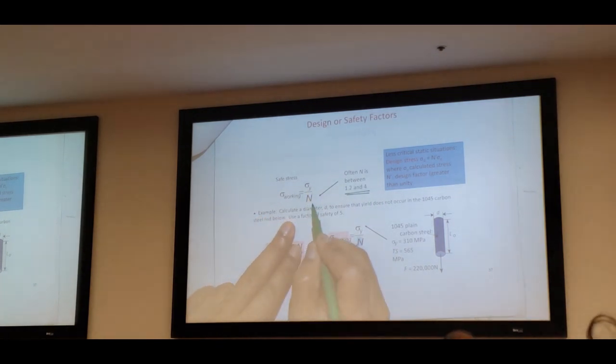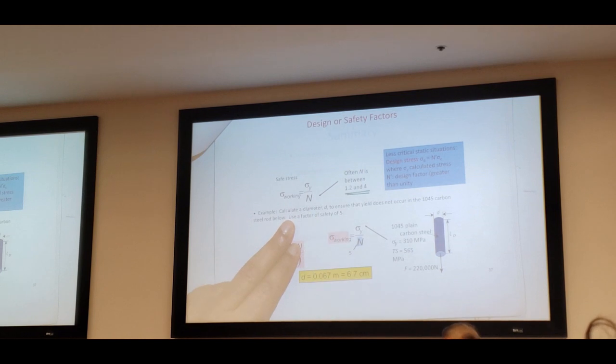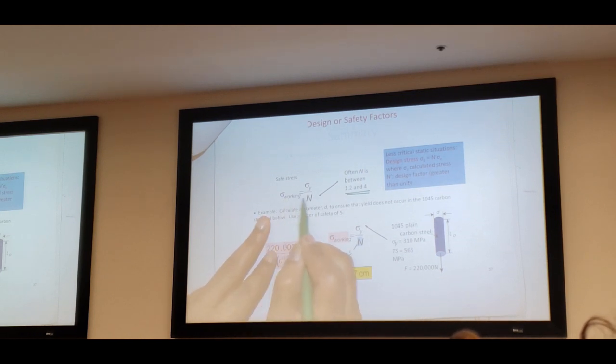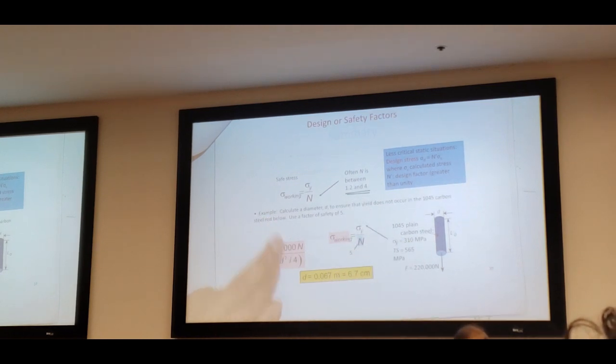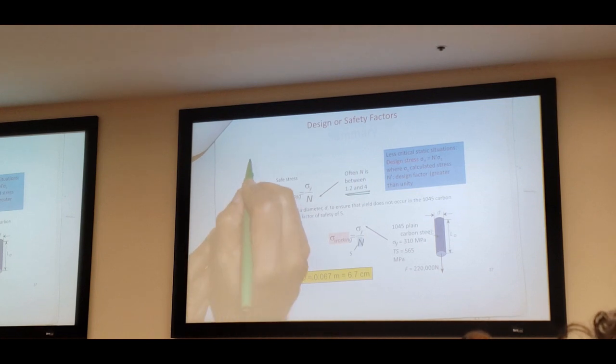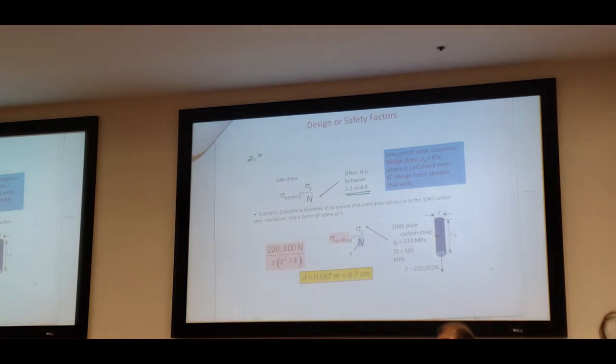And the value is between 1.2 and 4. And from this equation you can see that the working stress is always less than the yield strength, since N is between 1.2 and 4. So that was the approach. But the 21st century approach is different.